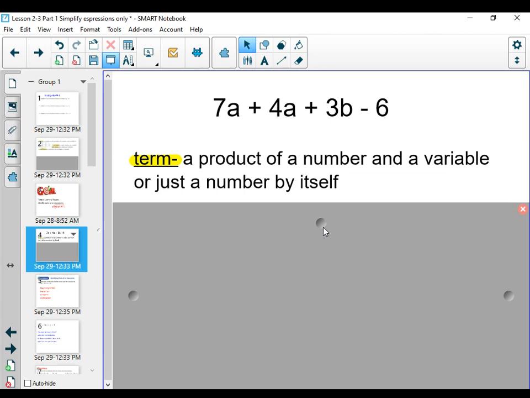First thing to write is this word term. Term is a product of a number and a variable, or just a number by itself. Pausing would be good.